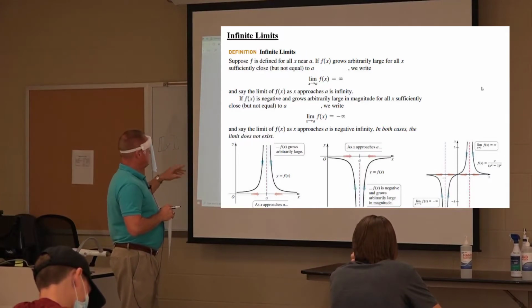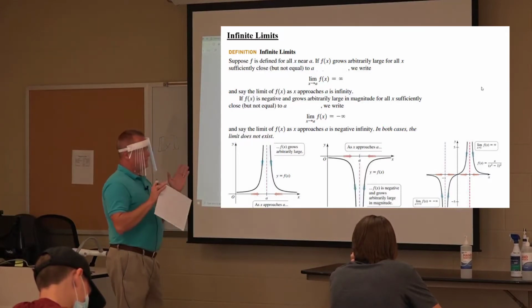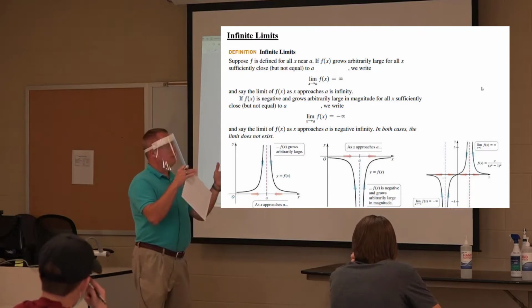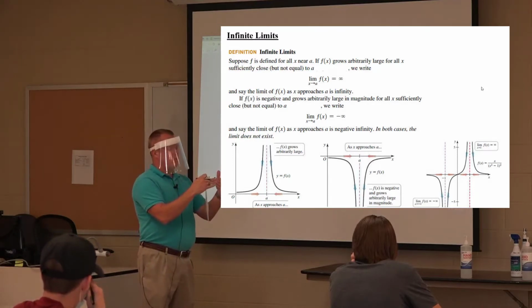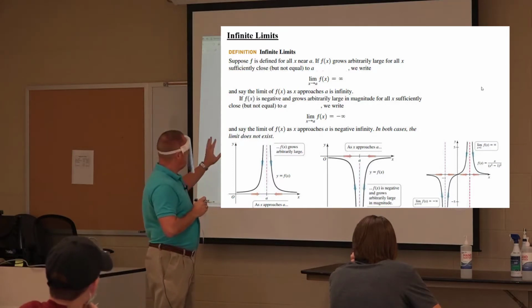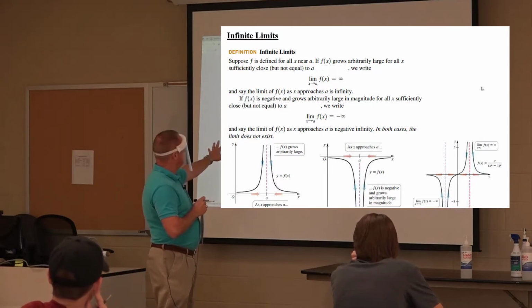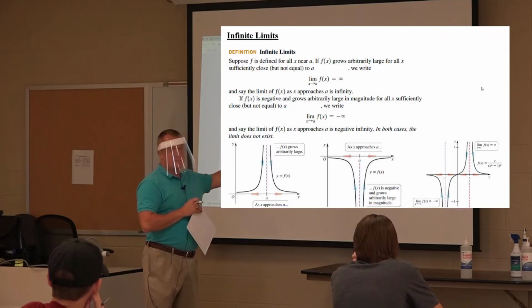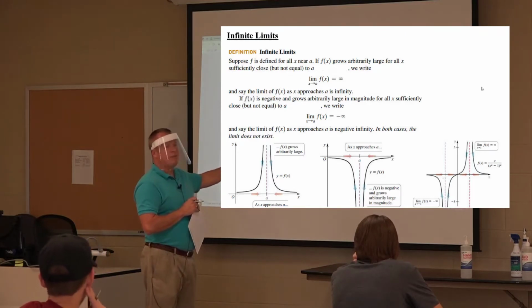One thing to remember on this: the only way for a limit to exist is when it approaches a single value from both sides. So we're not saying here with an infinite limit that the limit exists. We're just describing the behavior.